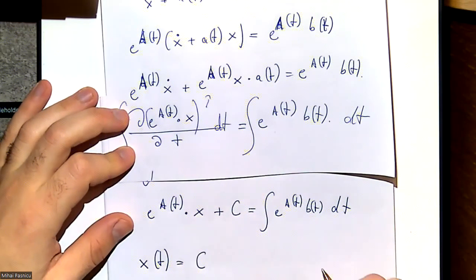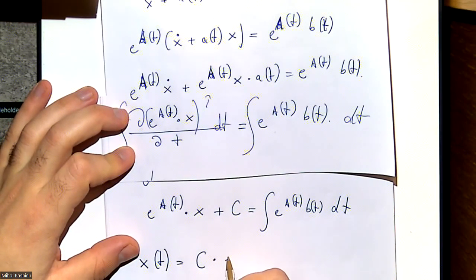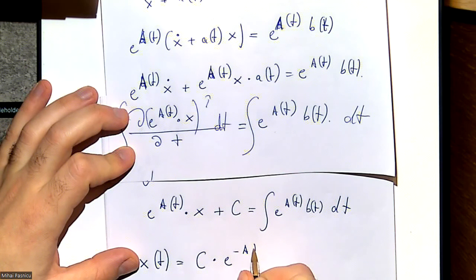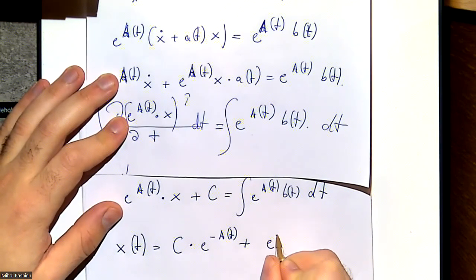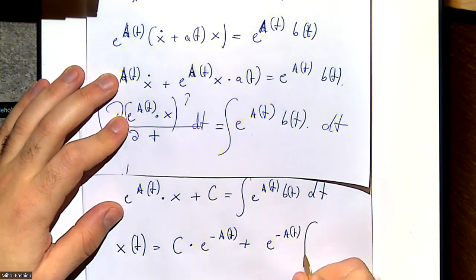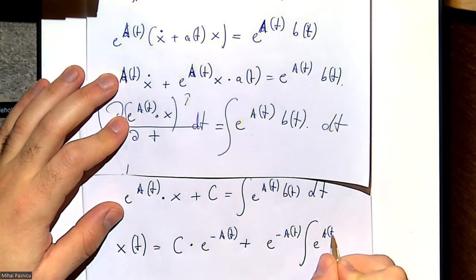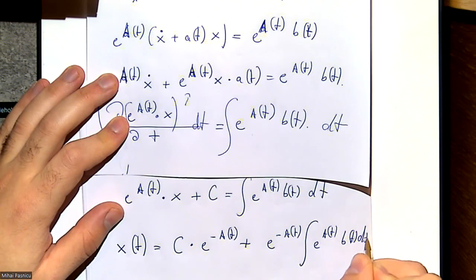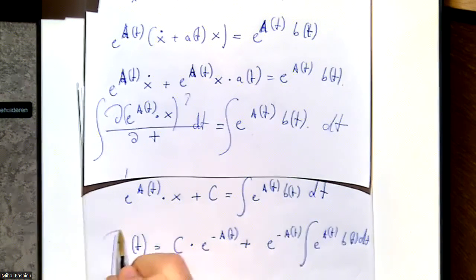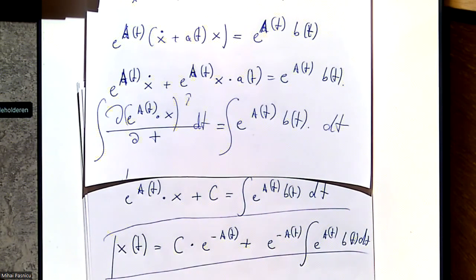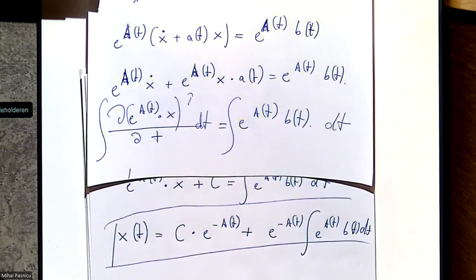It's a constant, so it doesn't matter if it's plus or minus. x(t) equals C e to the minus A(t) plus e to the minus A(t) times the integral of e to the A(t) b(t) dt. This is the final formula, which again, feel free to use. I'm pretty sure it's at the end in your cheat sheet, so you don't need to stress about it.